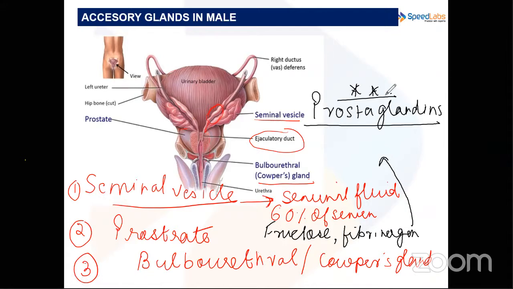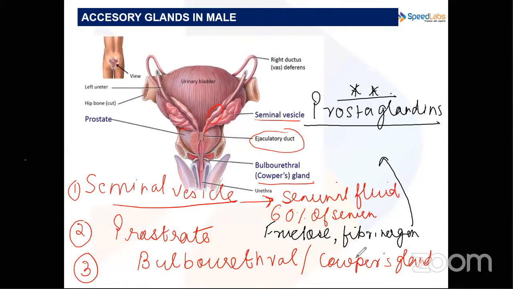And what is their role? After ejaculation, when the sperms reach the female reproductive tract, these prostaglandins induce mild contractions in the uterus, so that there is an upward movement of sperms. That means sperms are forced upward towards the oviduct. Are you understanding? So prostaglandins are very, very important.